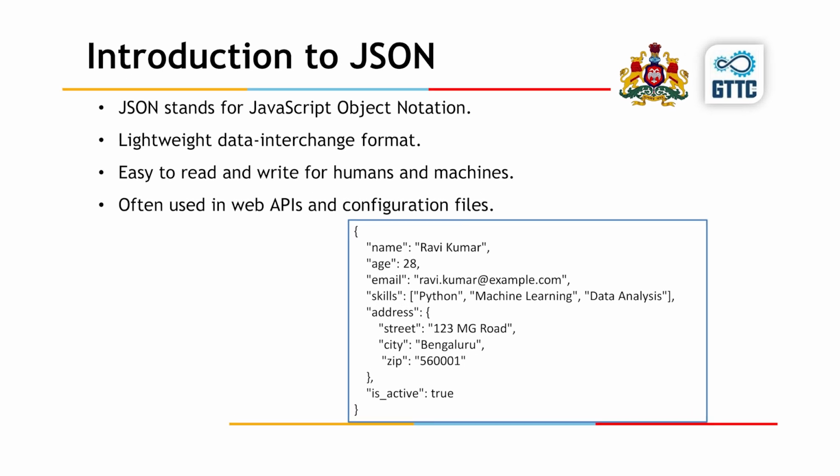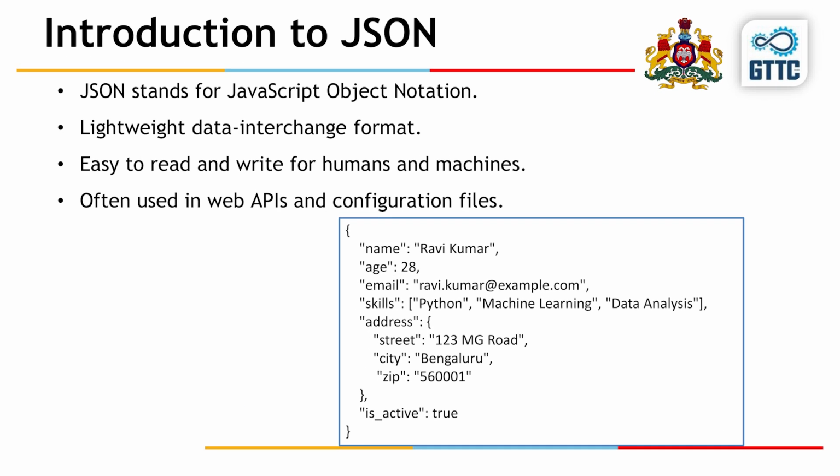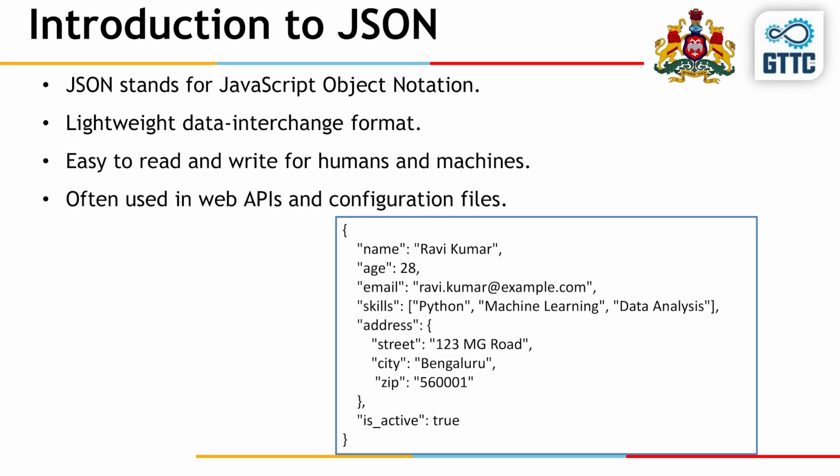That is an example of JSON. You have name: Ravi Kumar. So here name is the property and Ravi Kumar is the value. Or some authors say name is the key and Ravi Kumar is the value. Age is the key, 28 is the value. Email is the key and Ravi Kumar at example.com is the value.